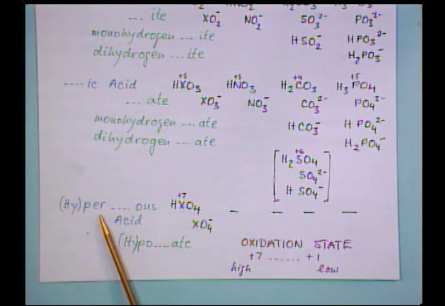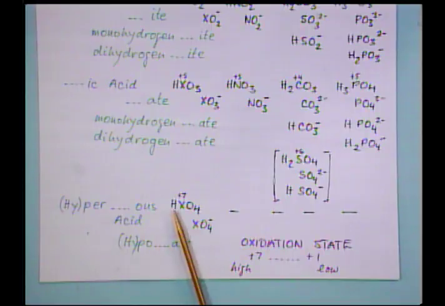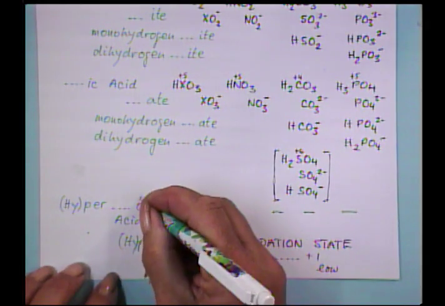And when we have more oxygen than the normal, and that only happens for the halogen acids, then we call it per-ic acid. Like it's actually coming from hyper, but we drop the hy and just use the per. So perchloric acid. And I see a little mistake. So that should be ic.